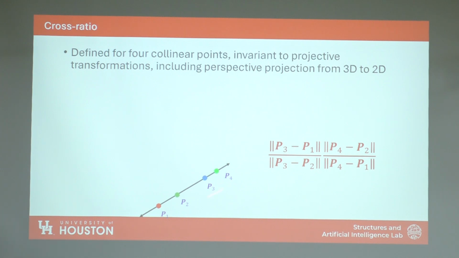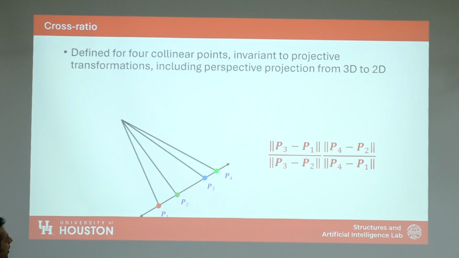So P3 minus P1 times P4 minus P2, over P3 minus P2 times P4 minus P1. I'm not going to prove this, but you can just take this to be true. And that ratio is invariant irrespective of where you sample from the vanishing point.